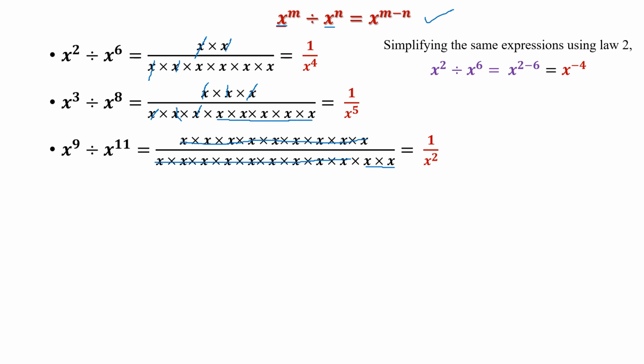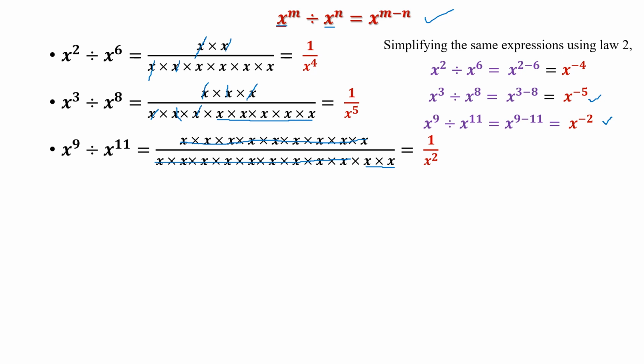Let's move on to this one. It will be x to the 3 minus 8, which is x to the minus 5. The last one will be x to the 9 minus 11, and this simplifies to x to the minus 2. Mathematically, these answers are all correct.